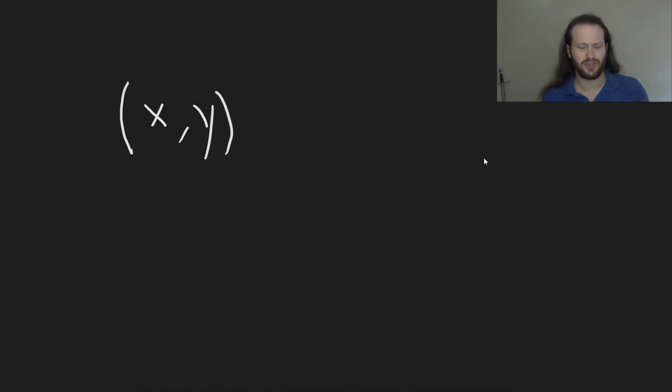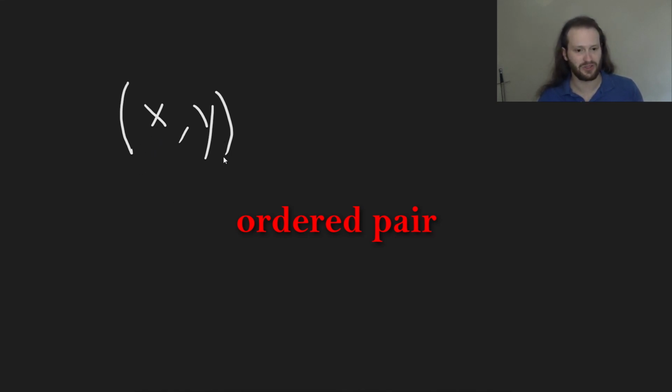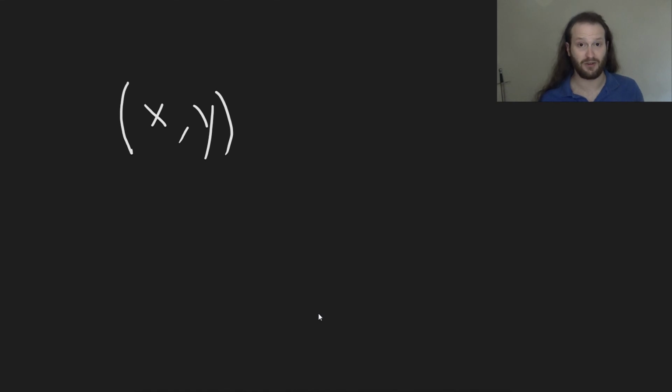When we are looking at any function, and this is true for all functions, when we have a coordinate point, x, comma, y, this ordered pair, it's called an ordered pair because it's a pair of numbers and there's an order to them. This is the first one, and then this is the second one. This is the input, this is the output.